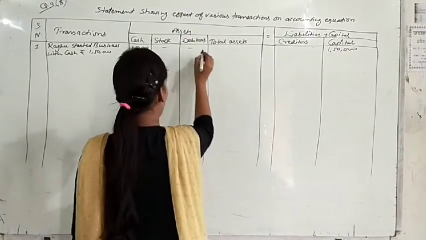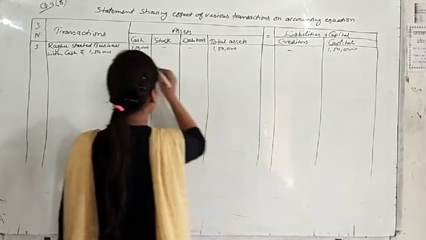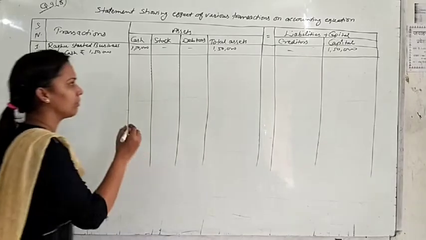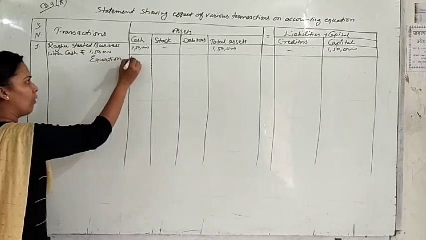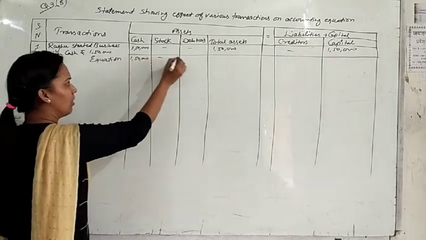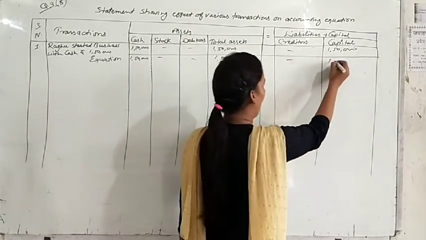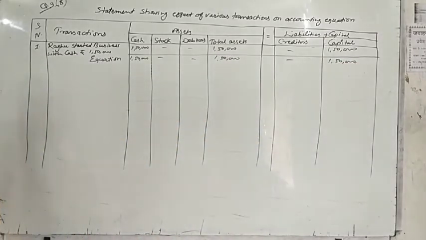No effect on stock and debtors. Total assets are also 1,50,000 and no effect on creditors. So form the equation after this transaction: 1,50,000 cash, 1,50,000 total assets, and capital is also 1,50,000. Let's see the next point.